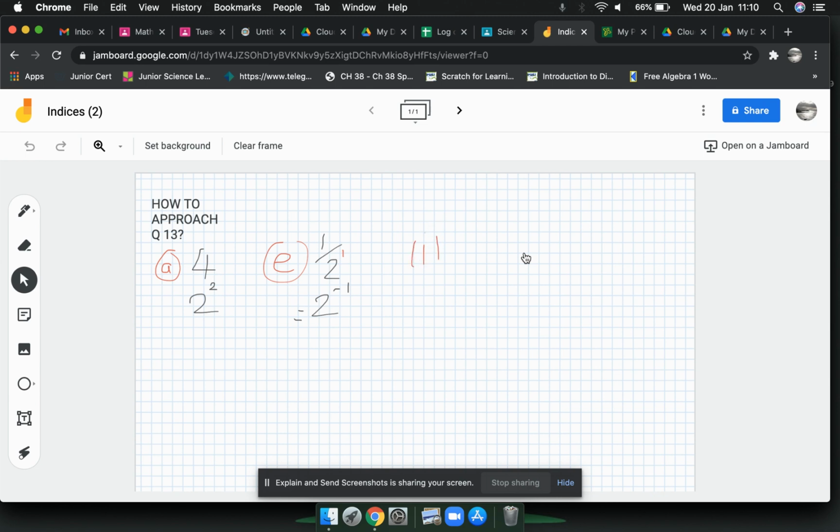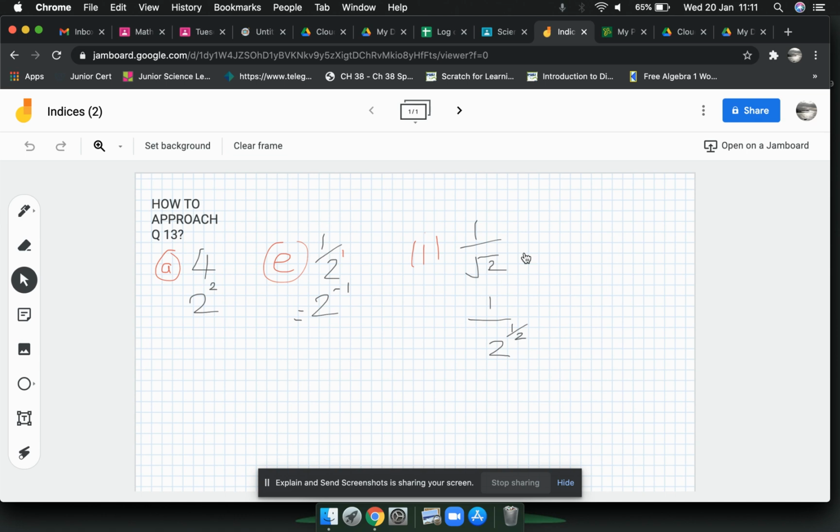Now, for this one, what have we got? 1 over the square root of 2. You're going to have to do a little bit of manipulation on this again. So recognize, what could you change any of this to? We can't really change 1 for the time being, but we could change the square root of 2. The square root of 2 could be changed to 2 to the power of a half. The next thing then is to recognize how I bring this 2 to the power of a half above the line.